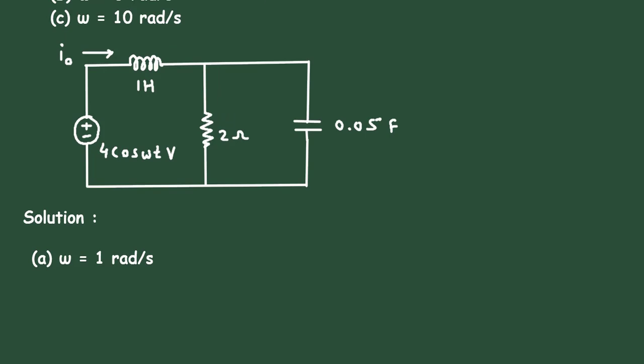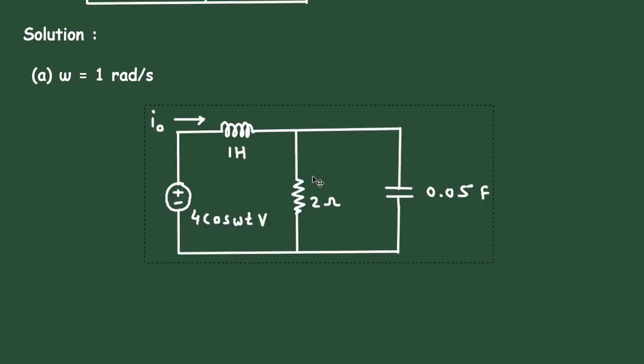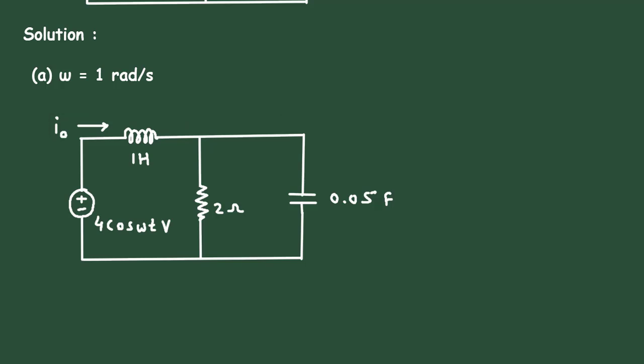Then we will copy the given circuit. So let's copy it from here. Now we will find the impedance of this circuit. Here the circuit is given in time domain format.